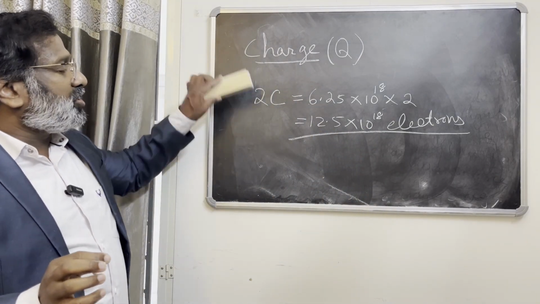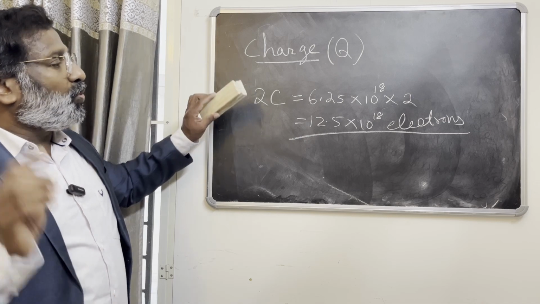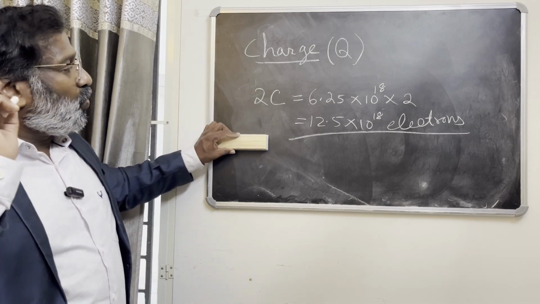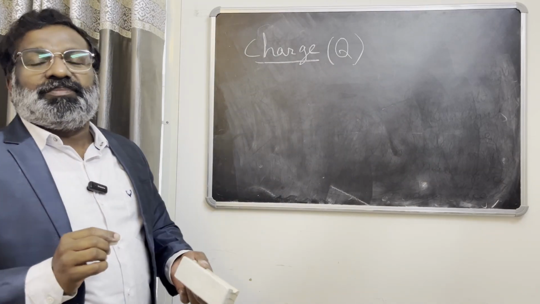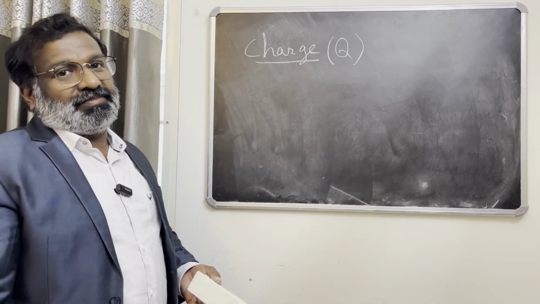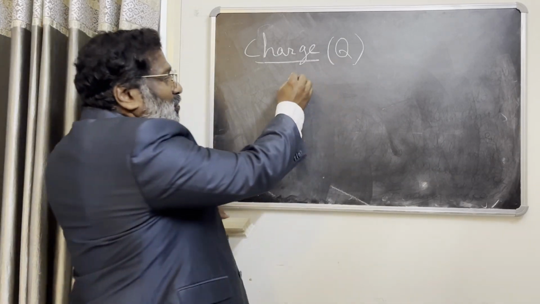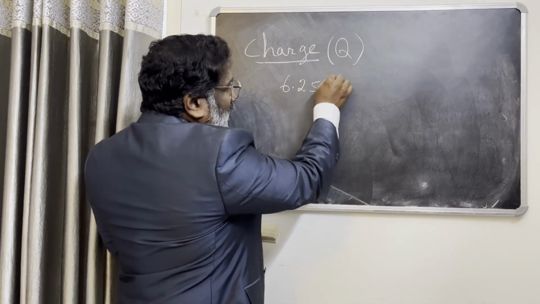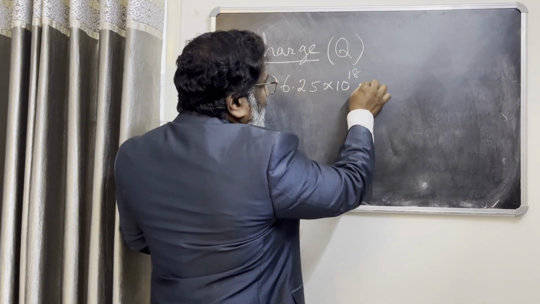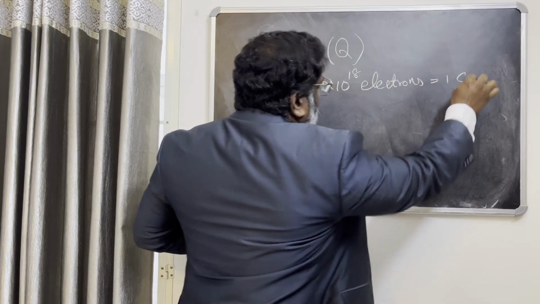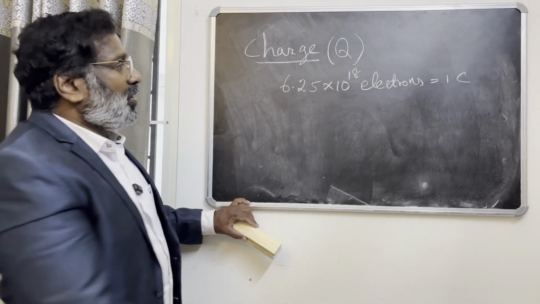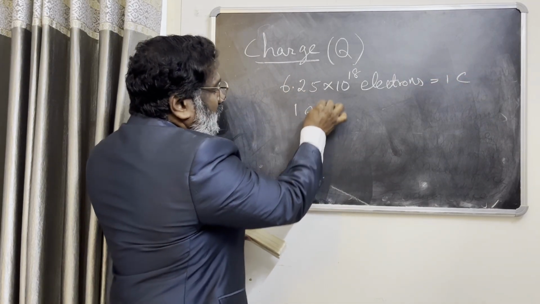So, unit for charge is Coulomb. So, what is the charge of 1 electron? Can you tell me? Charge possessed by 6.25 into 10 power 18 electrons is equal to 1 Coulomb. So, what is the charge of 1 electron?